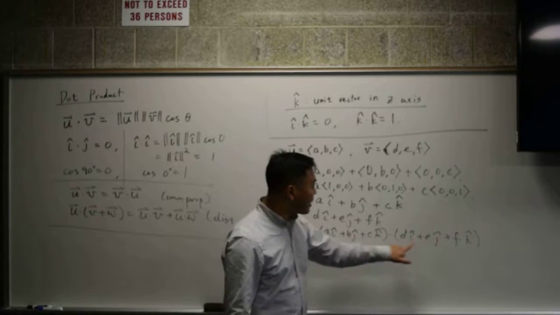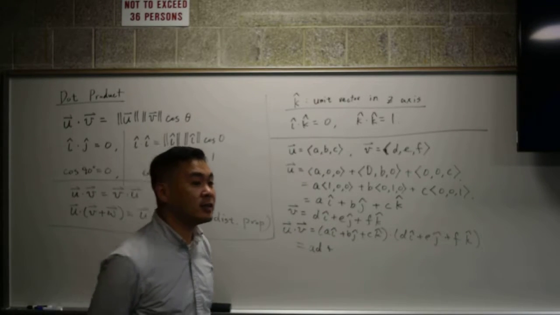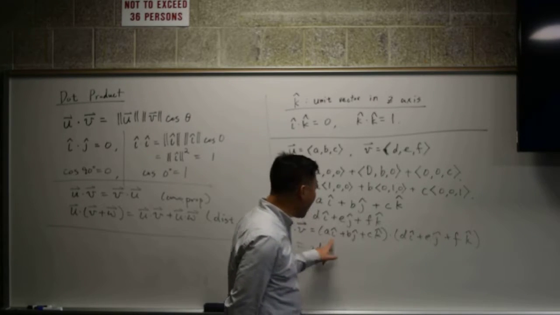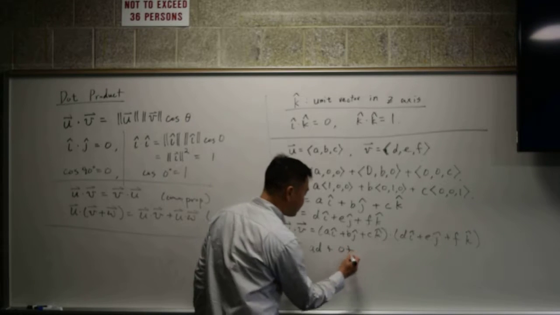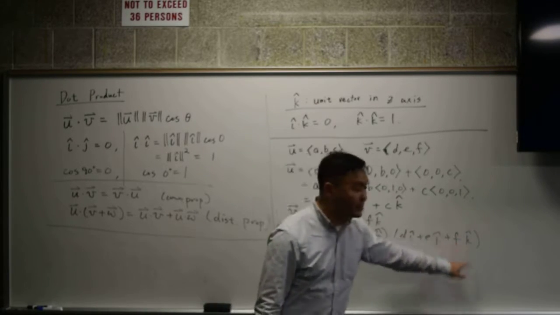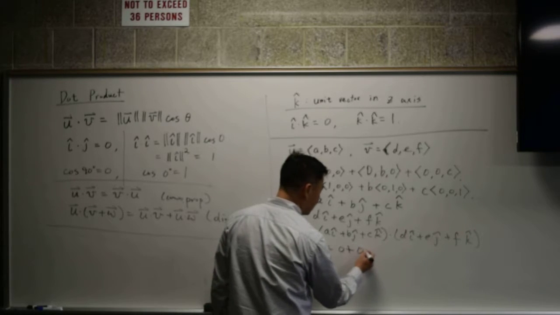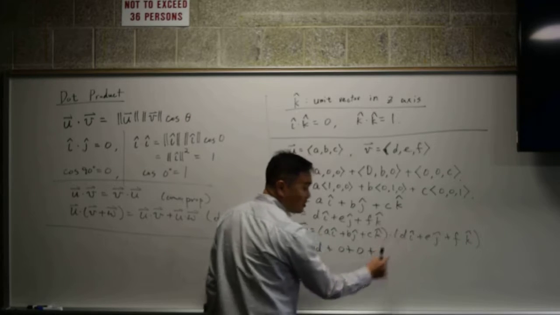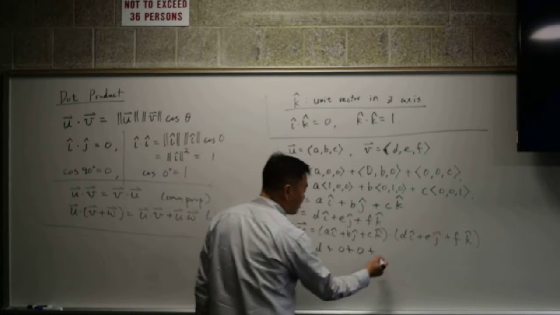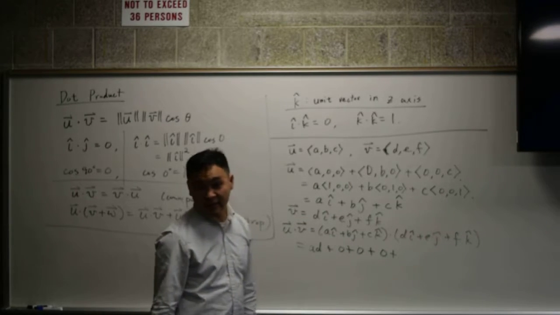What's AI dot EJ? What's I dot J? 0, because I and J are perpendicular. What's I dot K? 0, because again, they're perpendicular. Now let's go to B. What's BJ dot DI? 0. 90 degrees. What's BJ dot EJ?